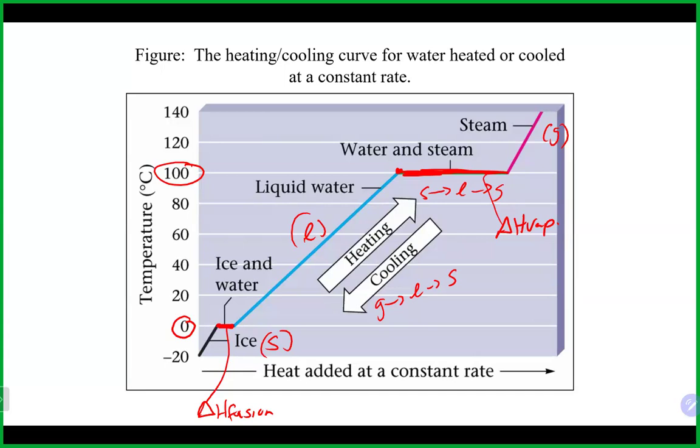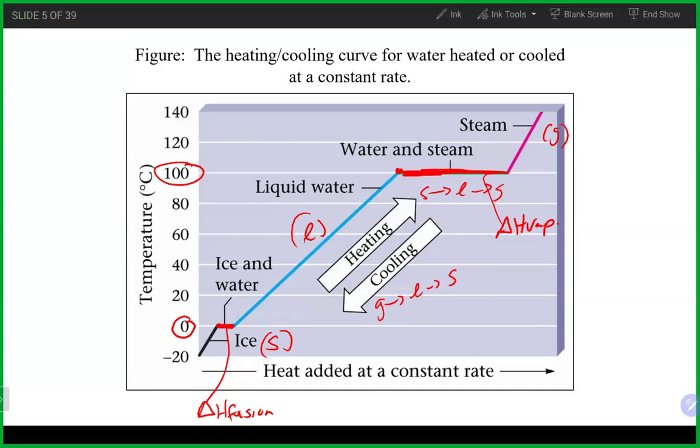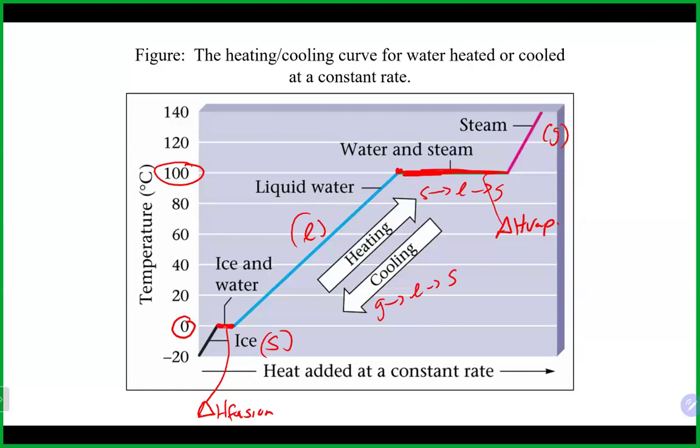But what about the rest of our curve here? If we take a look in these other areas of the curve, say down here, all through this little blue line that I'm just covering over, that's pretty much solid all the way through that. And we're changing the temperature. So the phase stays the same, but the temperature changes starting right about here, all the way up through here.